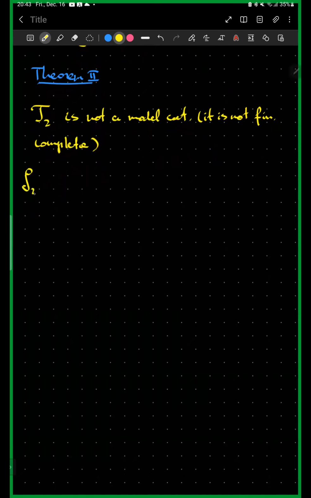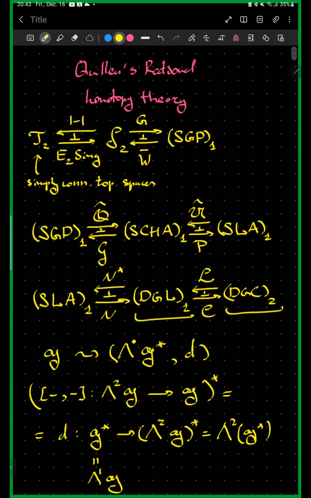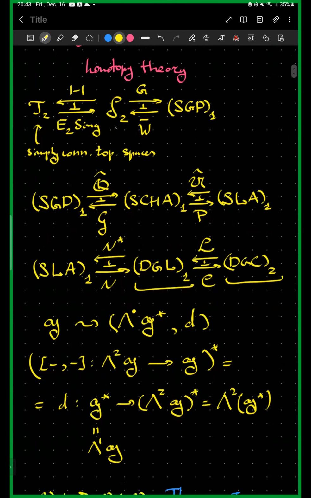And then we state that, well, I don't think that I should rewrite everything again, but everything starting from this point and up until here are actually Quillen equivalences of model categories.